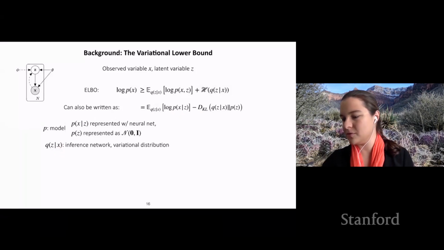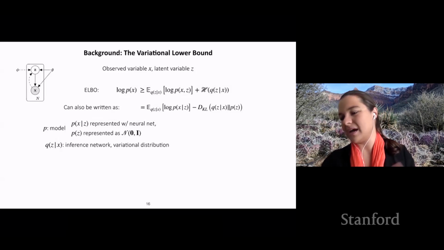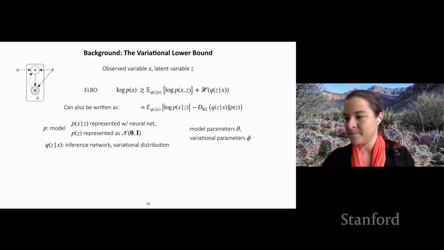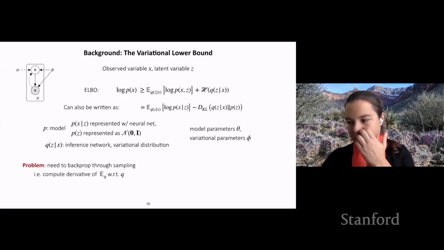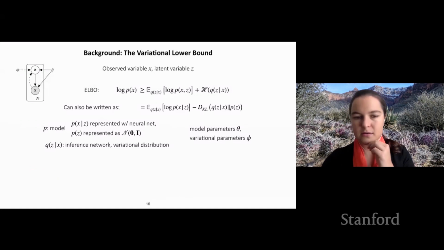If you maximize your bound, both with respect to P and with respect to Q, then you'll make it tighter. So that's why you want to optimize both Q and P. Your model parameter is theta, your variational parameters are phi. So any questions on this so far?